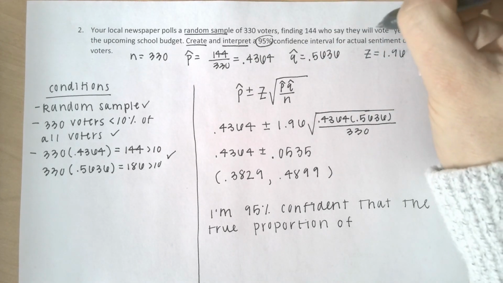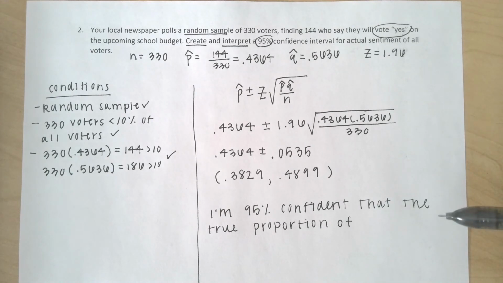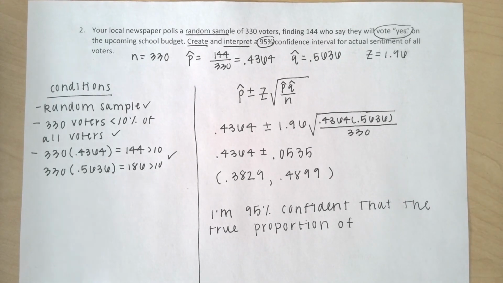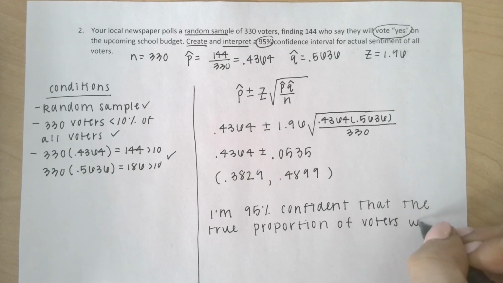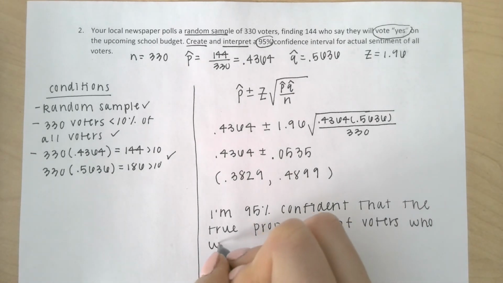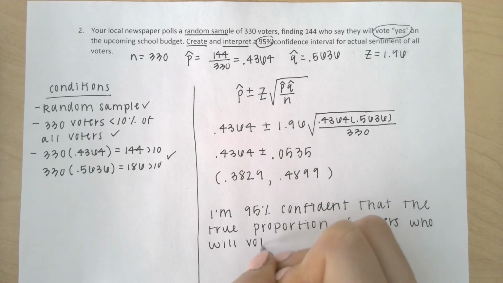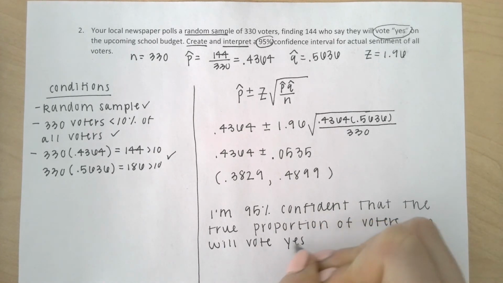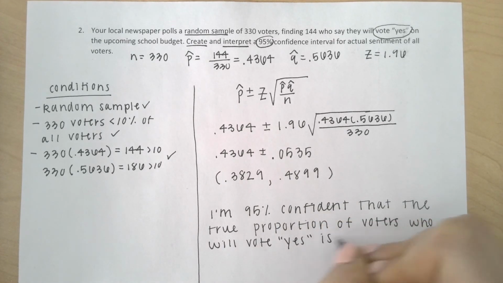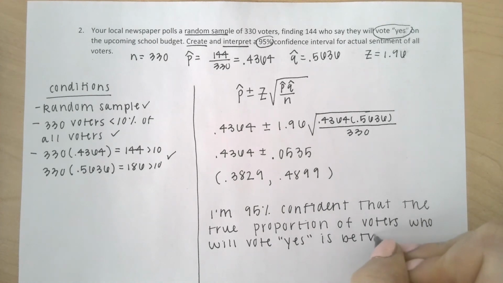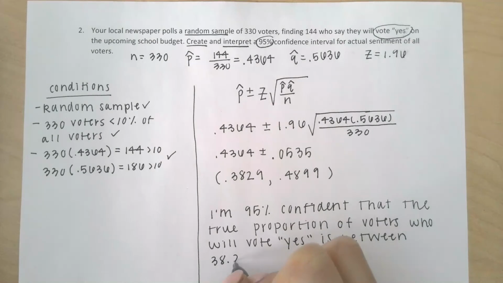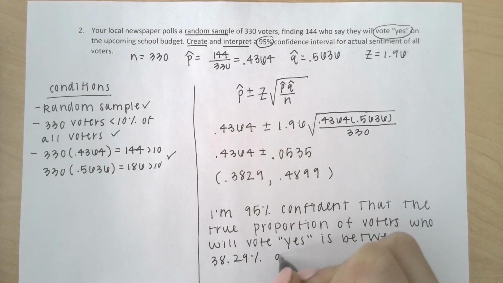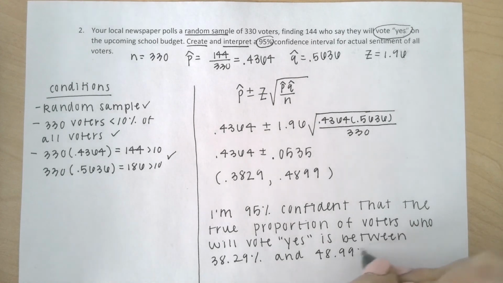Particularly, we're looking at those that are going to vote yes. So I'm 95% confident that the true proportion of voters who will vote yes is between 38.29% and 48.99%.